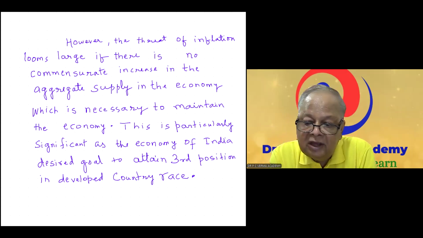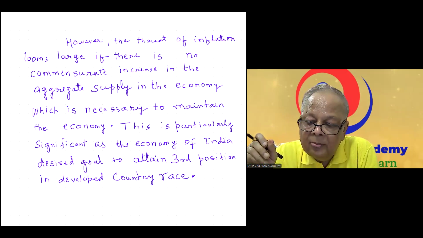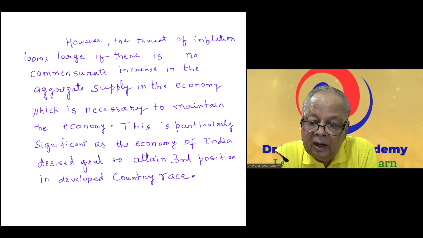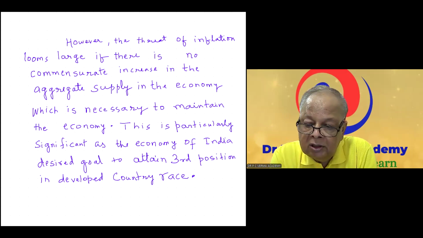Their maturity came in 1991, and in January we had to manage $77 billion to pay the India bonds matured at that time.